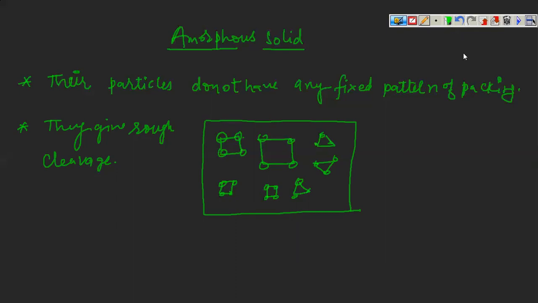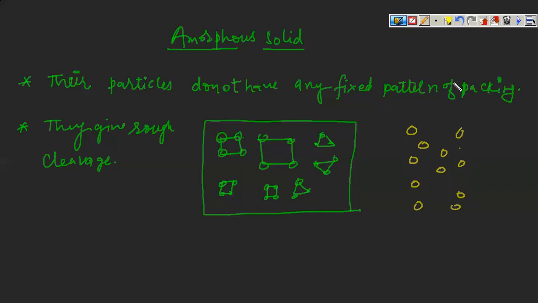See an example: 1, 2, 3, 4, 5, 6. 1, 2, 3, 4. There is no row of the particles.